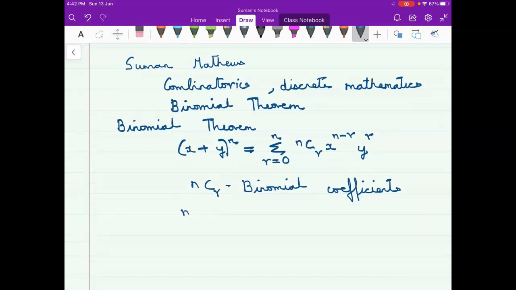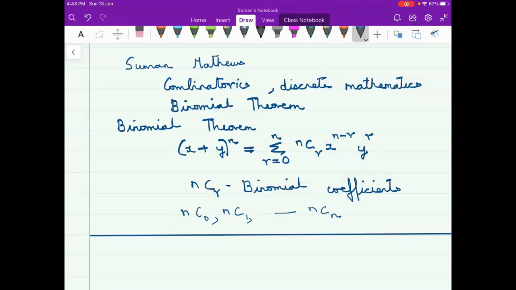And we could write it as NC0, NC1 up to NCn. Now based on this you have the multinomial theorem. So what does the multinomial theorem say?